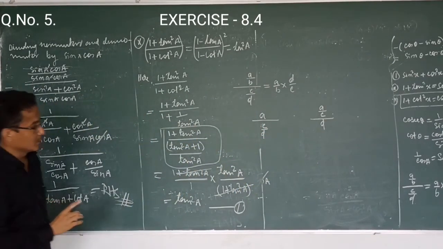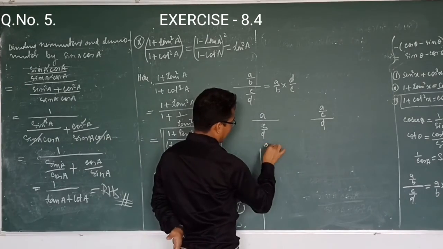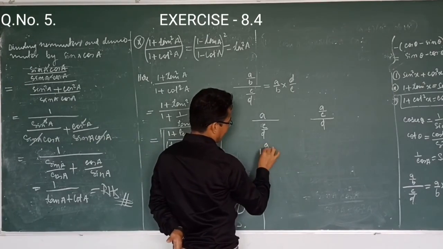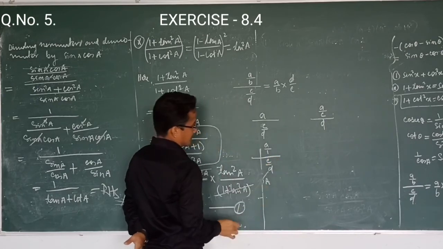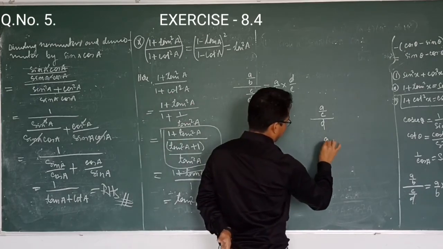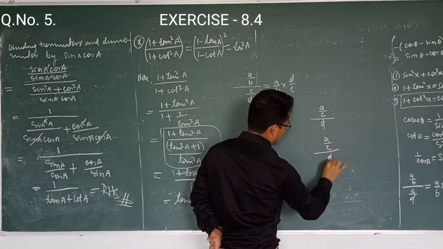So we will see that this is a/1 divided by c/d, like that. This is (a/c) divided by (d/1).